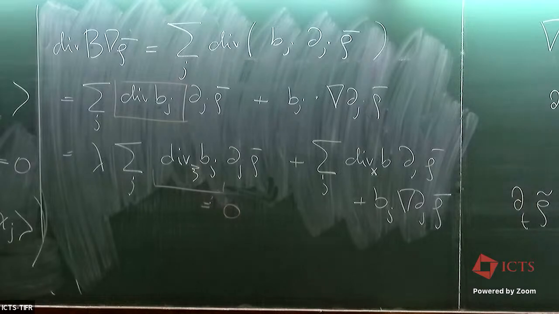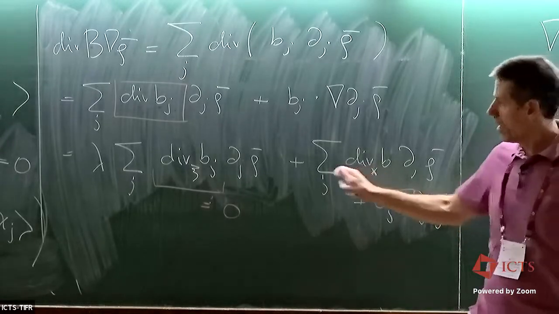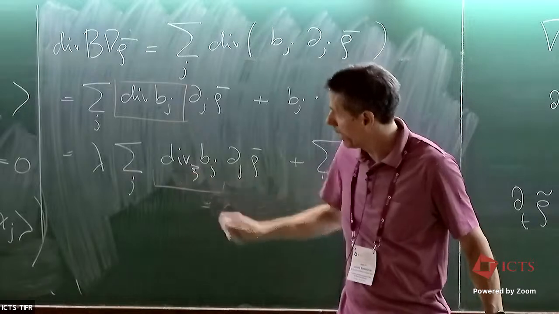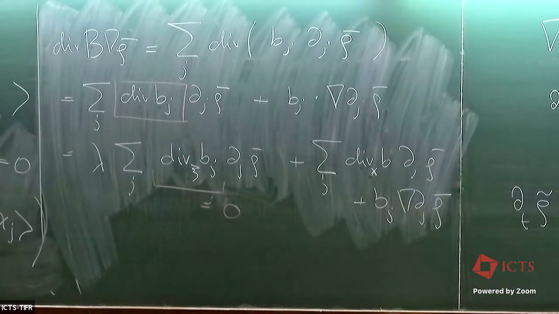I'm thinking of x and psi being independent variables, and I'm just differentiating in x. And here I'm just differentiating in psi. You see this bj is just this function. And here the psi and the u are functions of x, t, and psi.